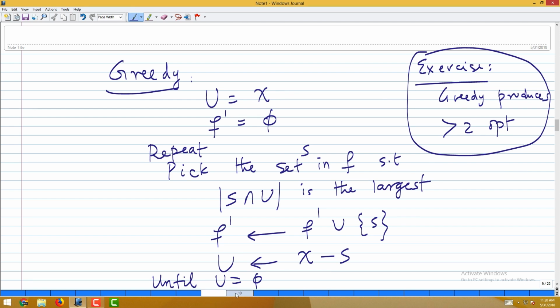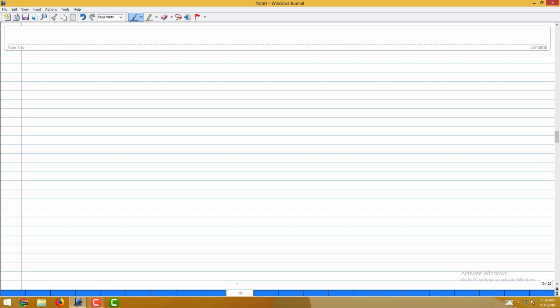So this generalizes vertex cover, and even for vertex cover, you have probably seen examples where it does not give you the optimum. So let us say, this is my 1, 2, 3, 4, and I pick 1, 5, 2, 6.